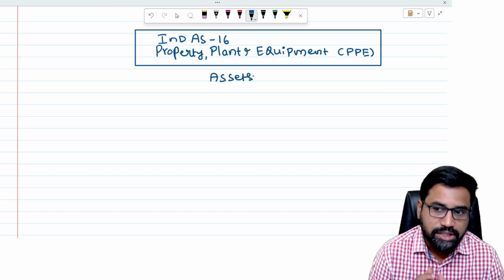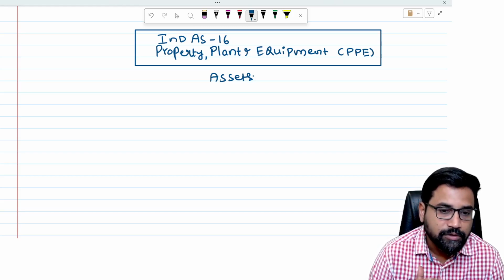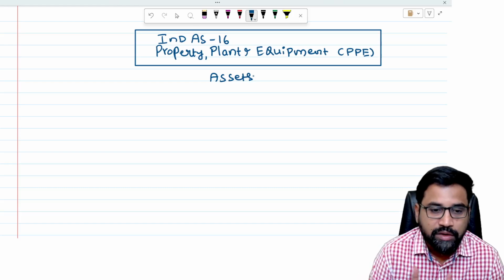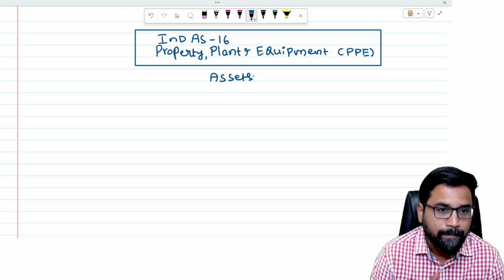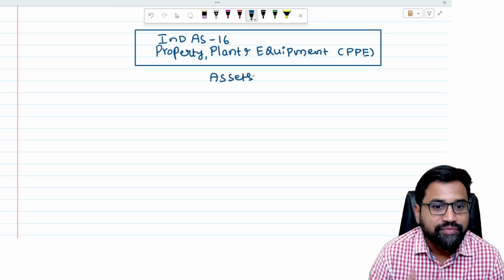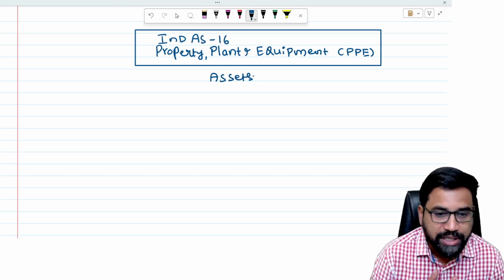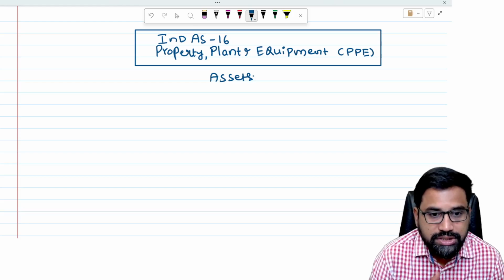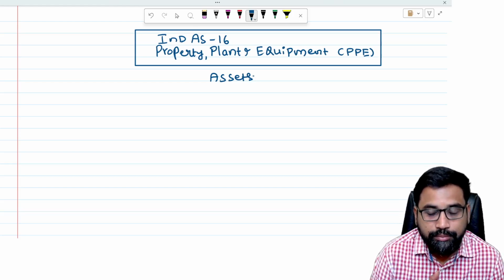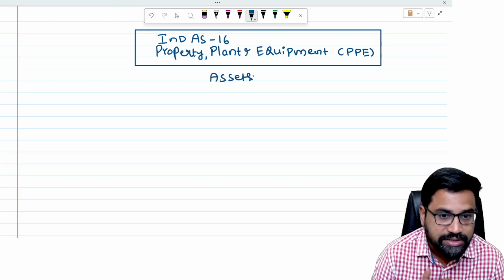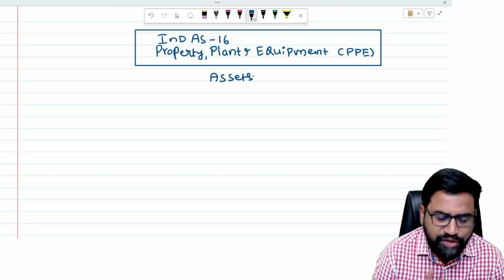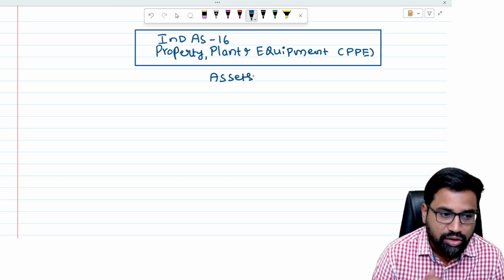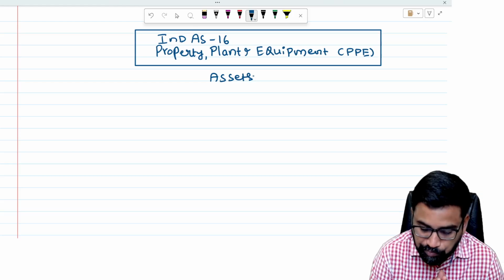Every organization generally will have a building, maybe a factory for production, plant and machineries which are used in production, maybe furniture and fittings, office equipment, computers, and an organization may have software, may have patents. So different kinds of assets an organization may have, right?